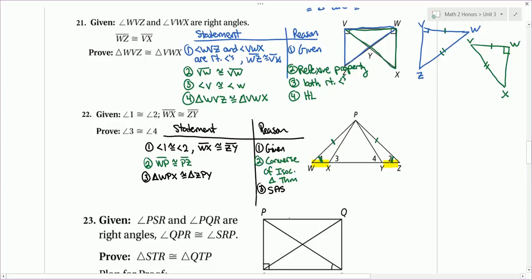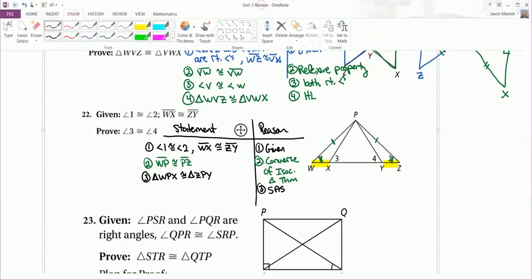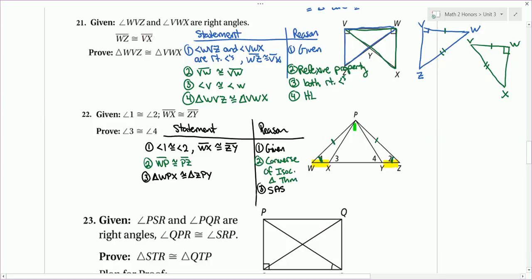And because those two smaller triangles are congruent, all their parts are congruent. And so I'm now going to focus in on the middle triangle here. I want to show that angle 3 and angle 4 are congruent. And I can do that by showing that that middle triangle is isosceles.